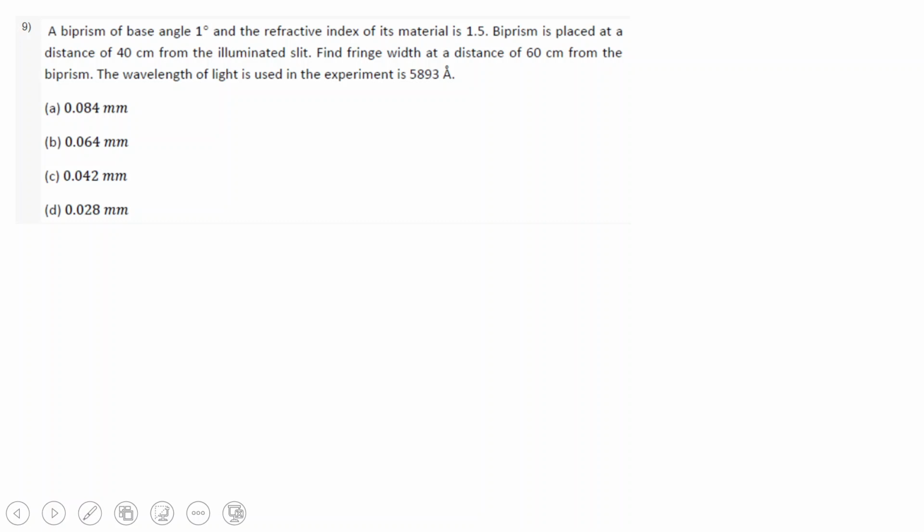Now question number 9. A biprism of base angle 1 degree, as I had told you, has one prism like this, another like this, this is the base and this is the angle. The refractive index of its material is 1.5. The biprism is placed at a distance of 40 cm from the illuminated slit.